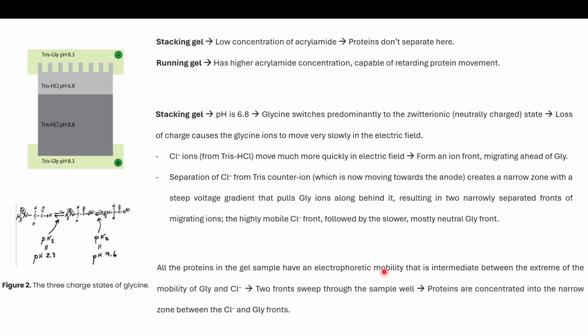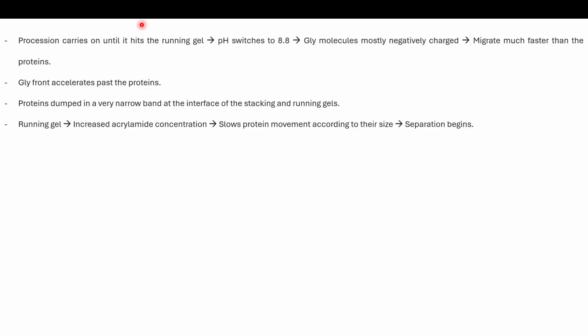All the proteins in the gel sample have an electrophoretic mobility lying between the extreme mobility of glycine and chloride. Two fronts sweep through the sample well. These are the sample wells here. Proteins are concentrated in the narrow zone between the chloride and glycine fronts. This goes on until the sample molecules hit the resolving or running gel, which has a pH of 8.8.